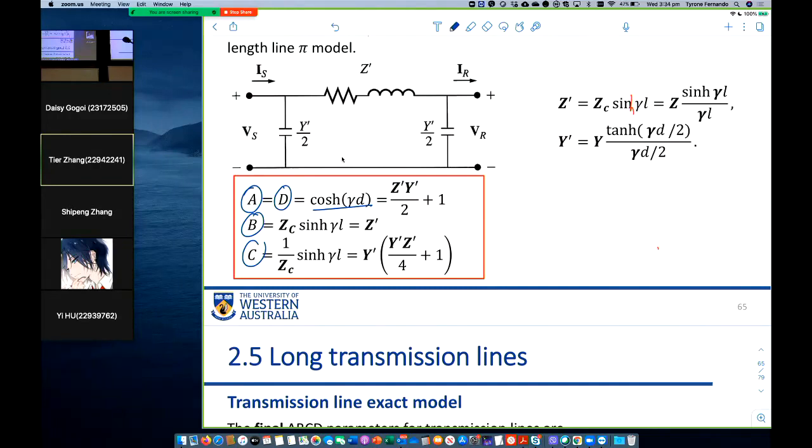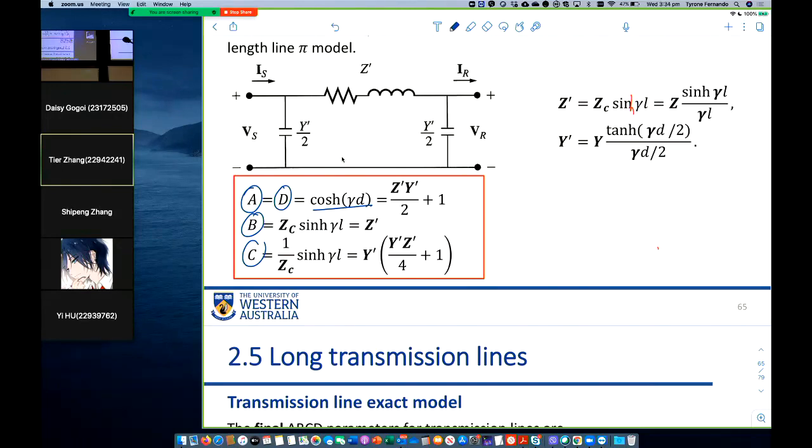You take Y and you multiply by tanh gamma D on 2 over gamma D on 2. So you modify it, but then the form is exactly the same as the medium length transmission lines. That's it. But you understand the whole derivation.